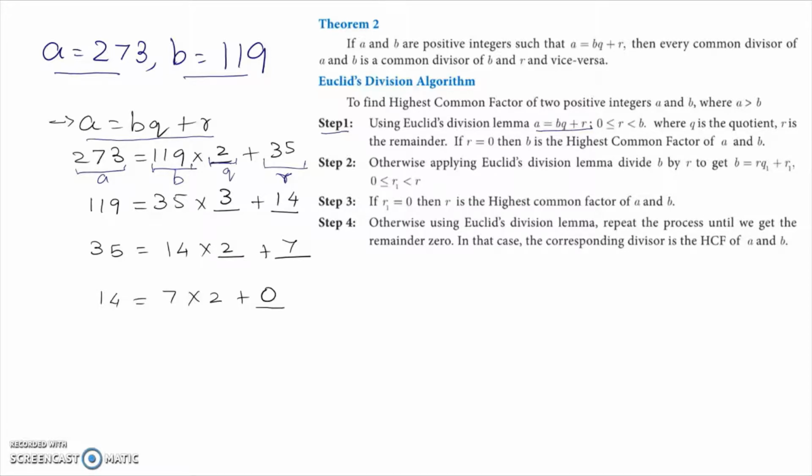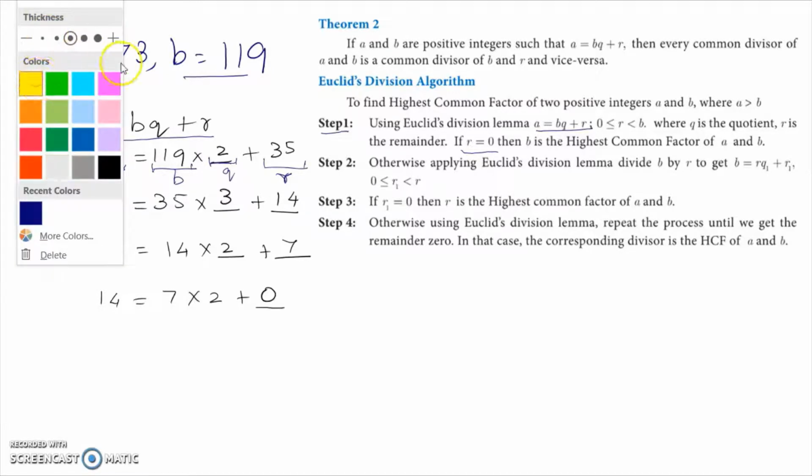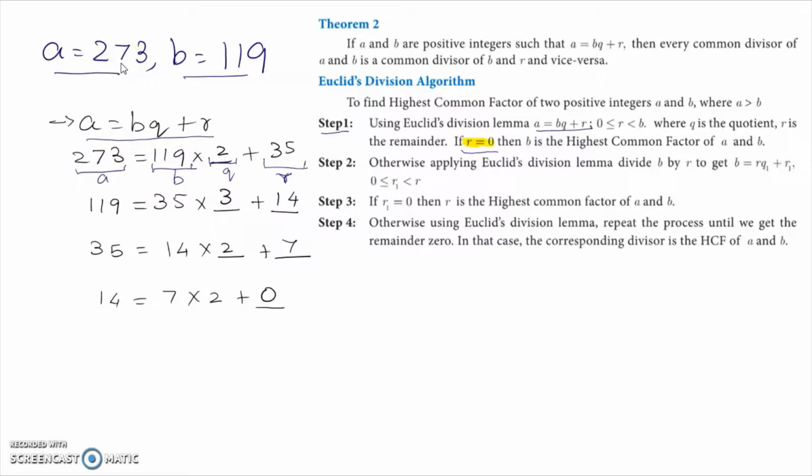The condition says if R is equal to 0, then B is the highest common factor of A and B.